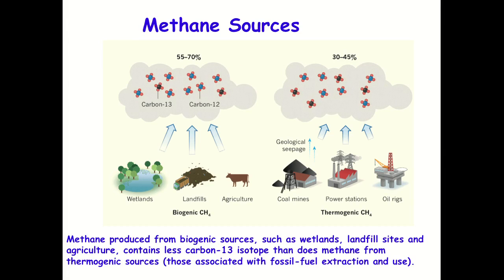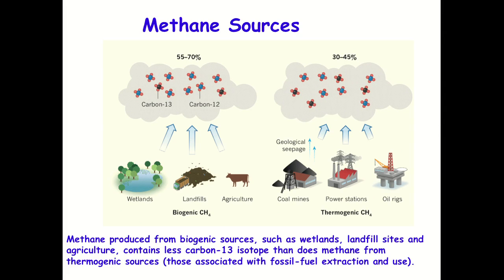And we can actually identify between those two sources by simply making measurements in the atmosphere of the isotopic ratio. Now, naturally occurring methane seepage, which is a thermogenic source, has a very different isotopic ratio compared to the other sources. So we can use those ratios to identify effectively where the emissions are coming from.